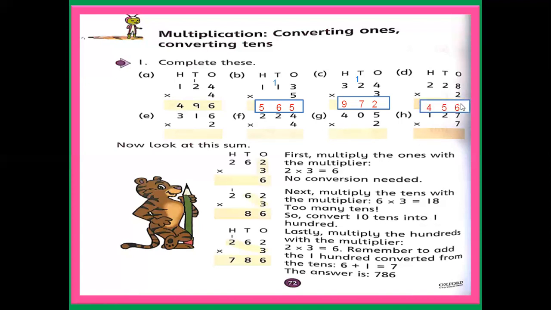Write 6 here and 1 to add. 2 twos are 4 plus 1, 5, and 2 twos are 4. Okay, so this is the conversions. We are converting ones into tens. A part.